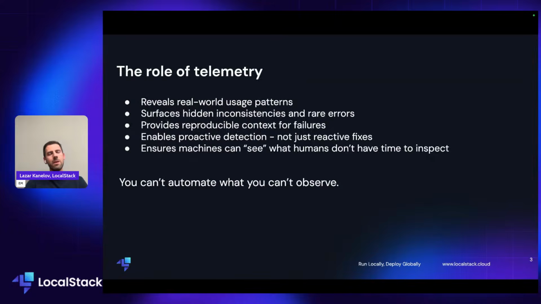So let's get started. The first point is super important in my view because this is the actual prerequisite. We cannot really automate in a meaningful way without observability. And basically, telemetry is one of the key pillars to really understand what's going on in your system, especially in production. So the telemetry is the basic entry point of our system.